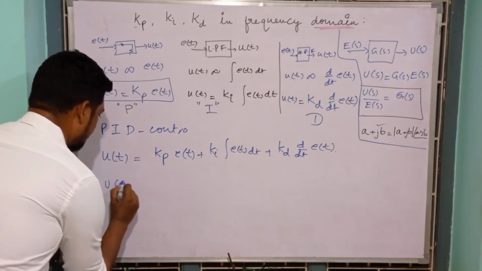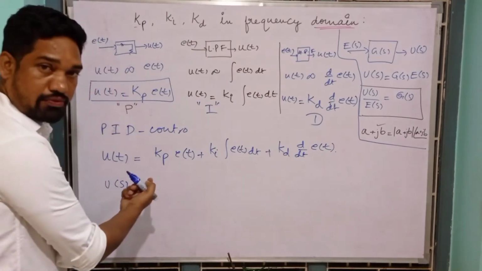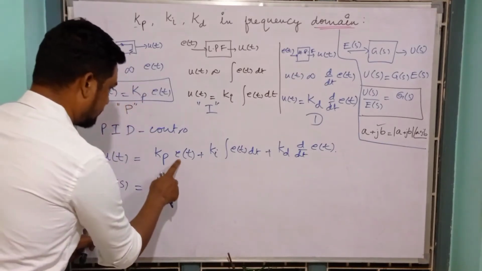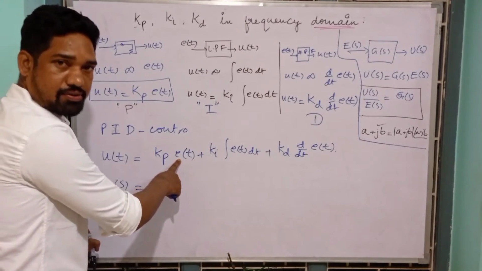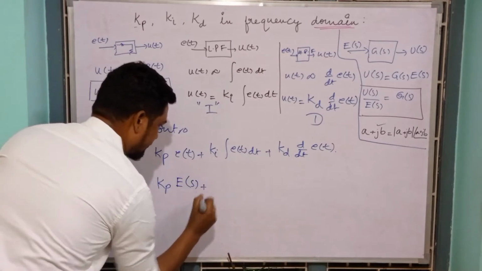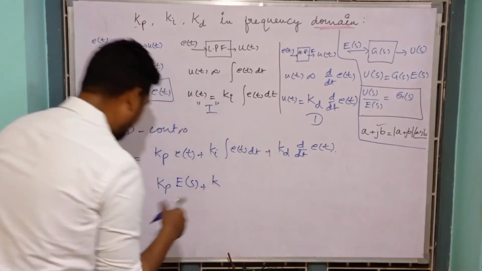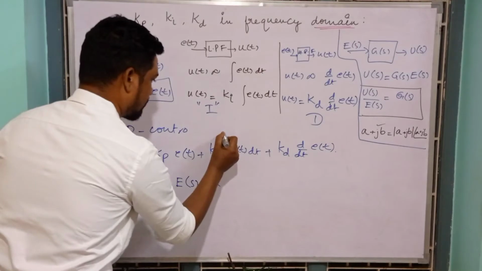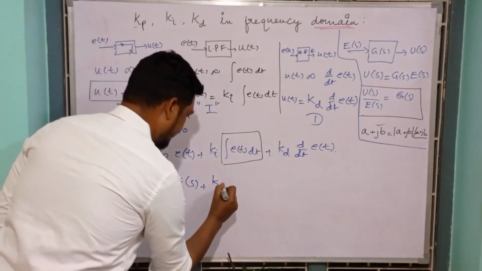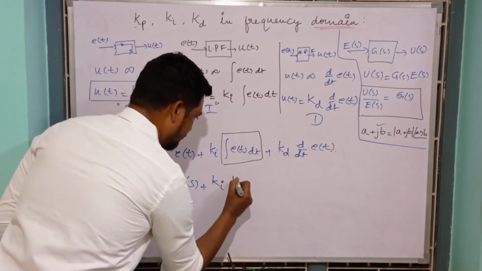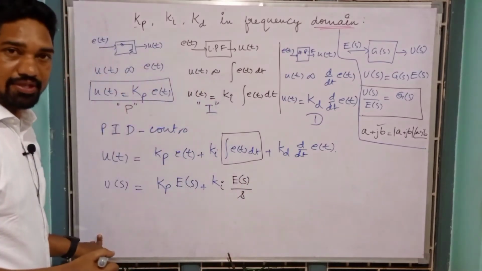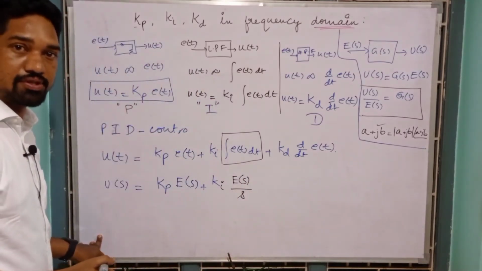Here u of s will be equal to kp, a constant, nothing to do with that, no Laplace transform for that, and e of t becomes e of s, plus ki as it is. Here we have the property of the Laplace transform of an integral function. Check that one, ki as it is, a constant, ki e of s by s. The Laplace transform of the integral of x of t dt will be x of s by s.